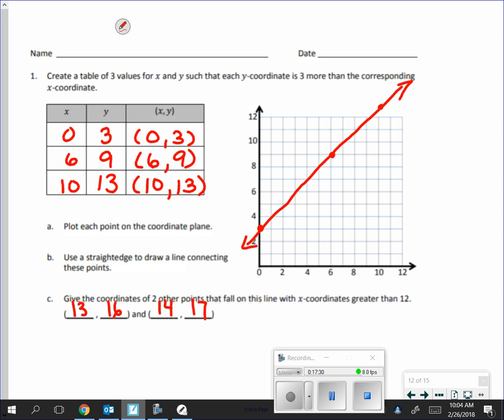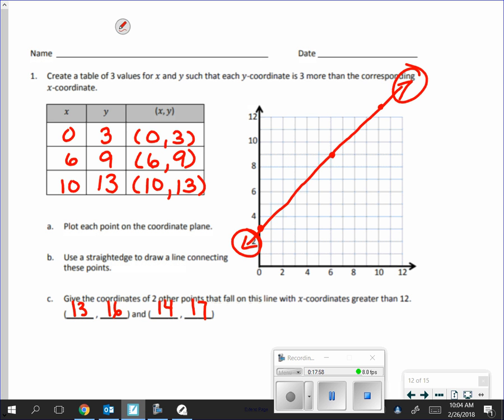Did you end up with something with a line that looks similar? Now, make sure that your lines are lines, not segments. If it's just point to point, that's a segment. It's supposed to be a line with arrows. The other day, never ending came out of my mouth. They're supposed to have arrows.